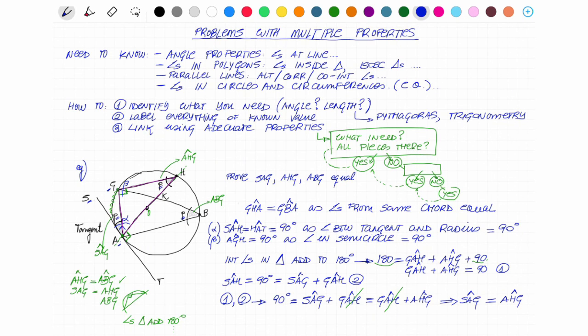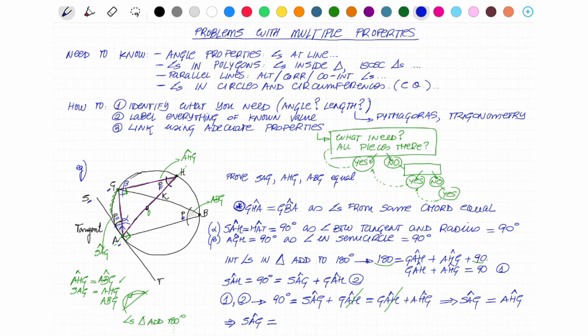Now that is a good thing because you already proved here that that angle was the same as the third one in question. So now I can come here and link all of it to give the final answer.